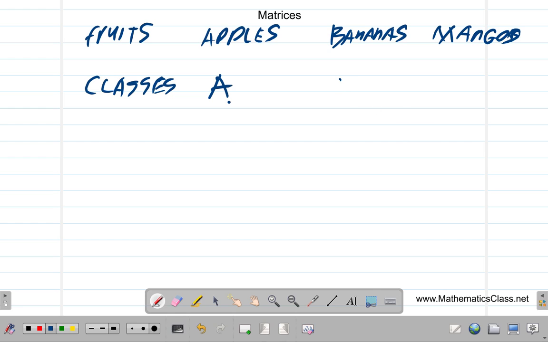Then you have class B. Those fruits are a little spotty. You do have some amount of bruising on those fruits. Now, class C fruits are the lowest quality fruits. These have much bruising and spots on them.